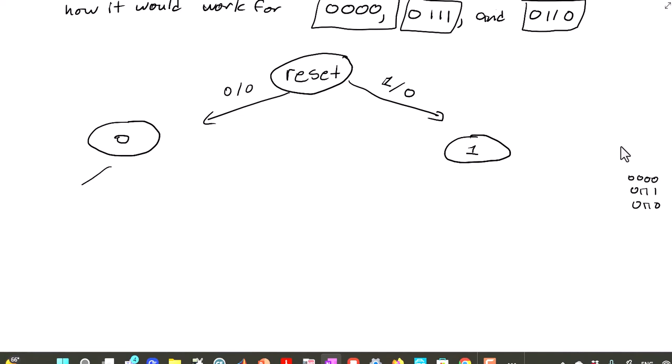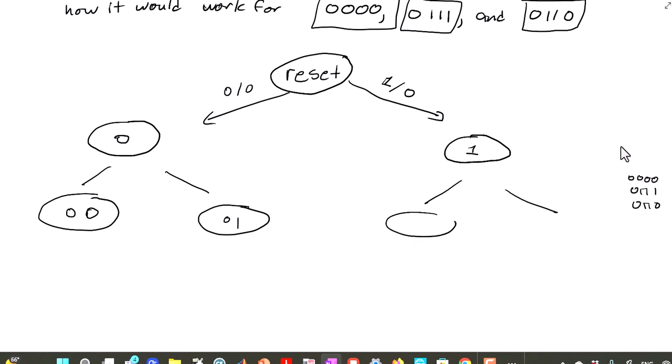Okay, so then our next bit could be either a 0 or a 1. I may do zeros to the left and ones to the right. So this was input 0, output 0, input 1, output 0, input 0, output 0, input 1, output 0. So still, output has to be 0 because we don't have 4 bits.